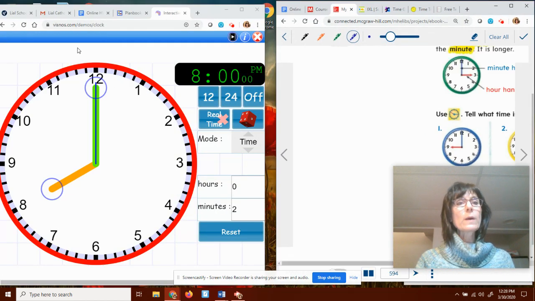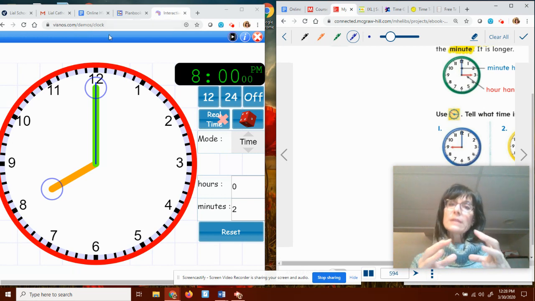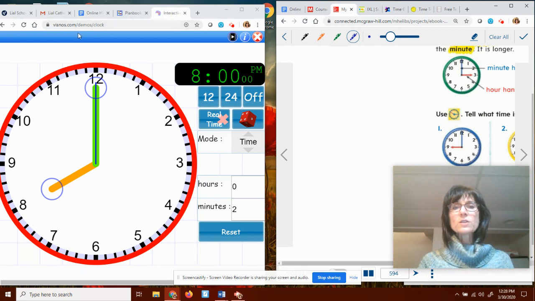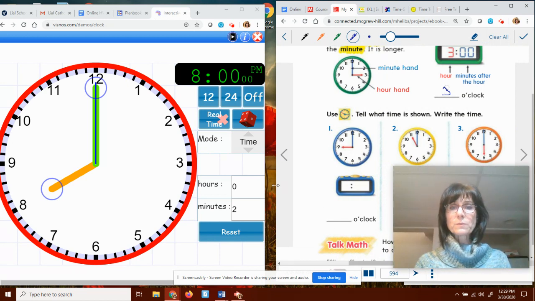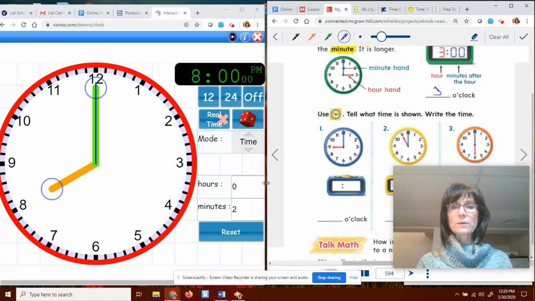So this is a website, visnos.com/demos/clock. And I put that on my homework page. So later on, if your parents want to pull that up, they certainly can. Let's go ahead and try to bring everything together here. Maybe make this a little smaller.